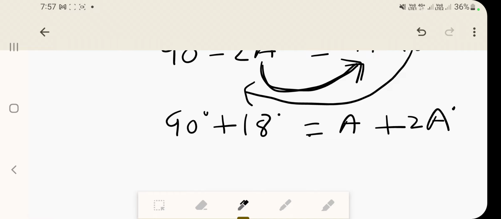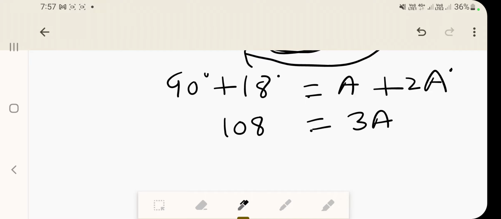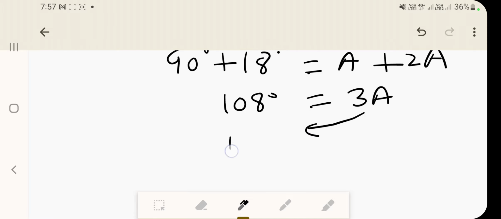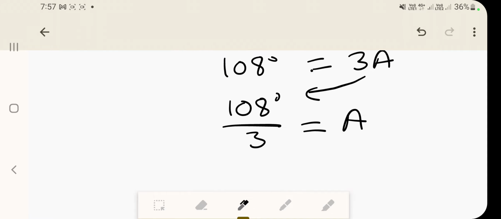So 90 plus 18 we get as 108 degrees, and a plus 2a we get as 3a. Now we bring this 3 to the left hand side, and it comes in the denominator of 108. 108 by 3 is equal to a. So we can try to divide this.